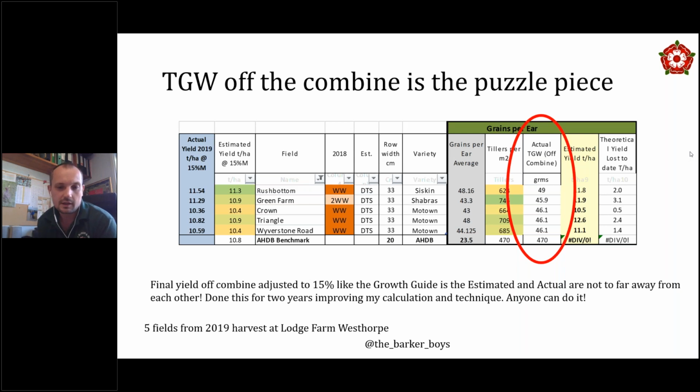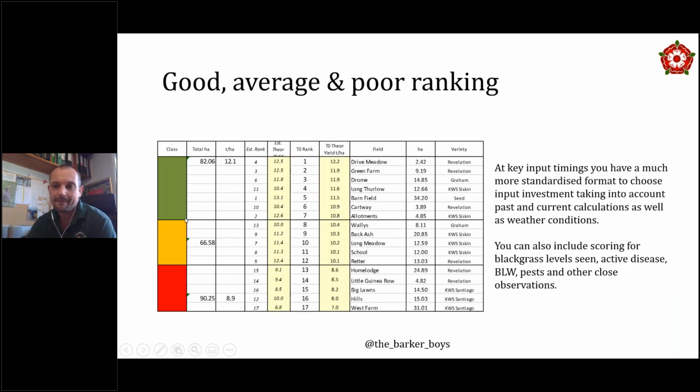So if we click on to the next screen. Yeah, so this is my whole wheat crop for 2019. I break them down into the good, the average, and the poor ranking. I then adapt the inputs to what I see happening in the field and what weather conditions are going on.